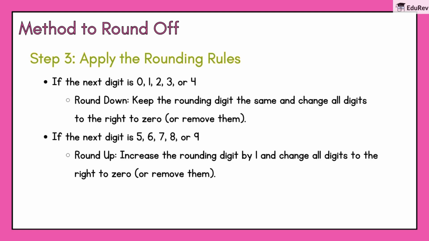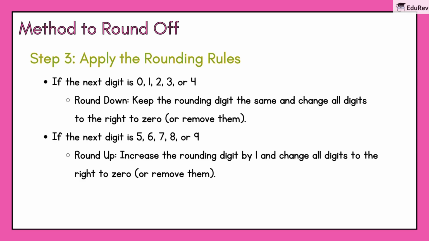If the next digit is 0, 1, 2, 3, or 4, we round down. This means we keep the rounding digit the same and change all digits to the right to 0 or remove them. If the next digit is 5, 6, 7, 8, or 9, we round up.